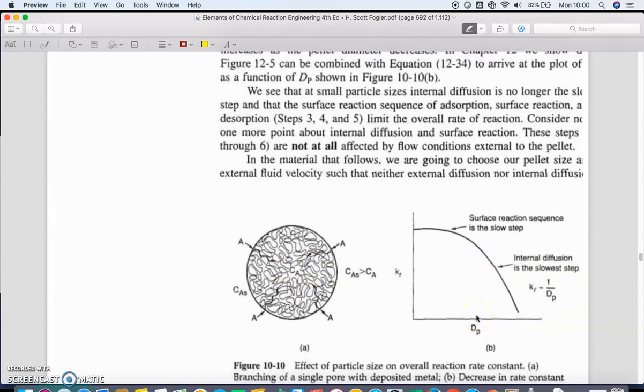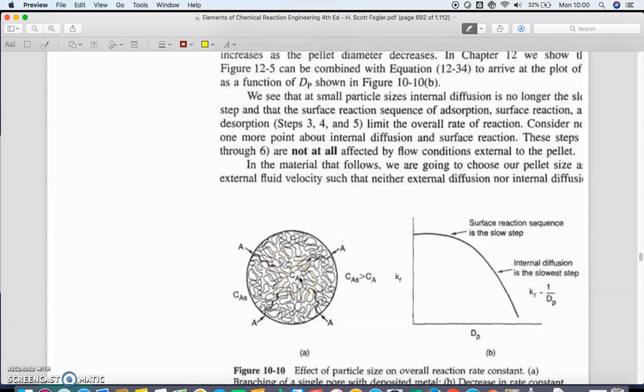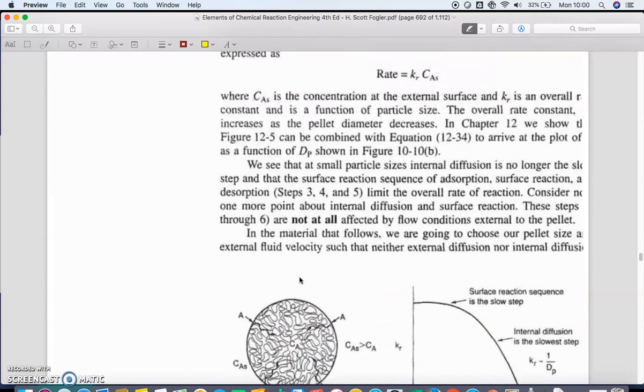For this internal diffusion, the rate constant, which is this r, describes the rate constant of the reaction, and overall rate constant, and C_As is the concentration at the external surface.